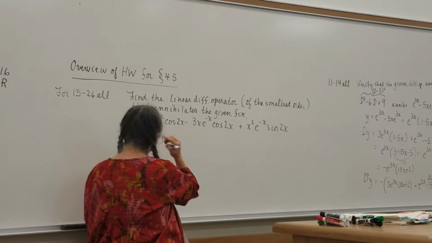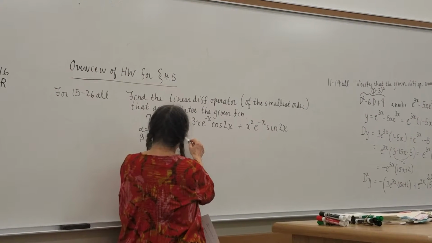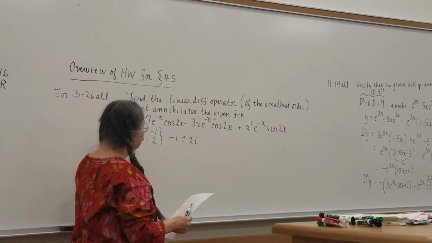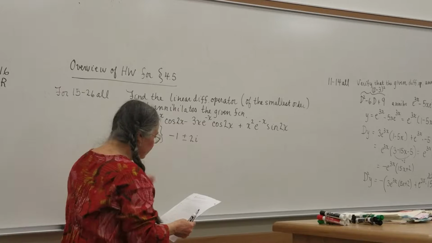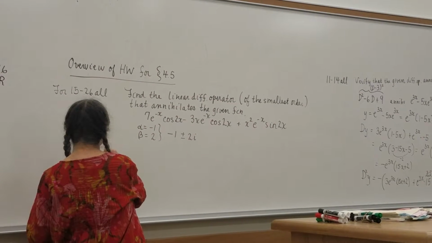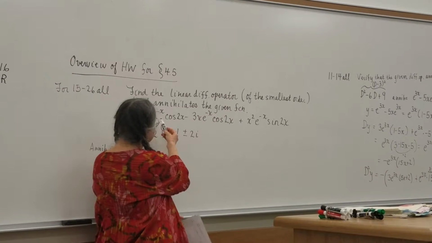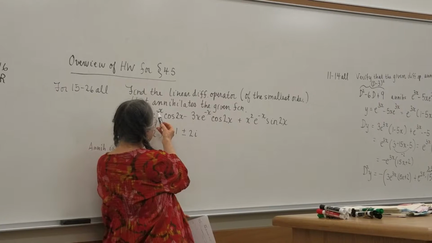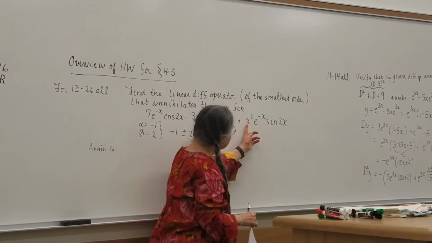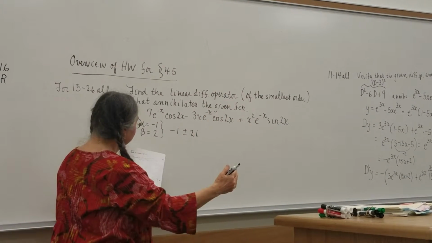You're working with the complex number and its conjugate. In the table that I gave you, to find the annihilator, because they're all the same kind, with a minus 1 up here and a 2 there, and because this has an x squared, you're going to need to have your annihilator have a cube on it.